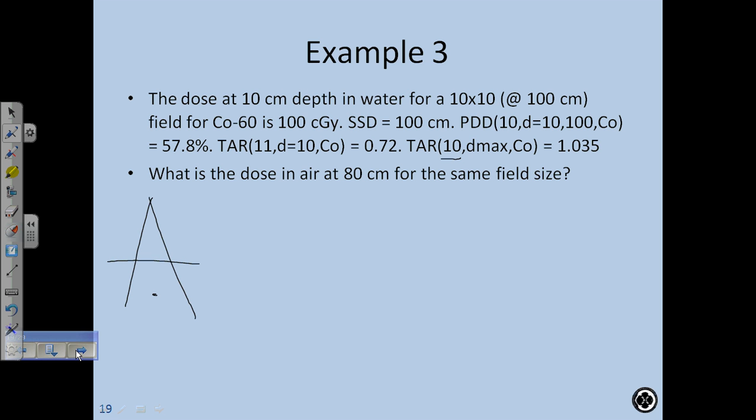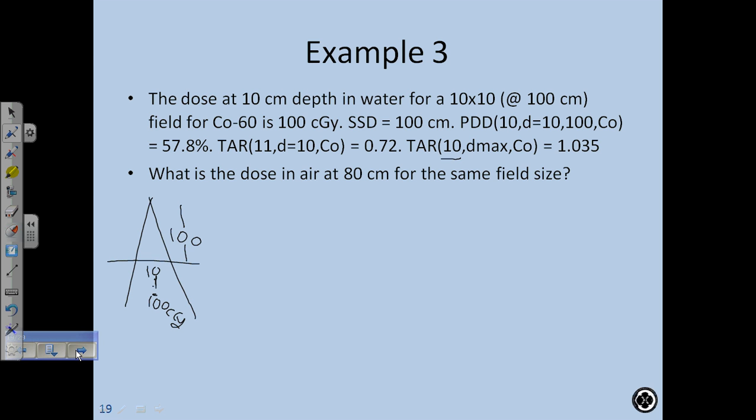SSD is 100, so this is 100, and this is 10 cm. And we know that this dose is 100. So how far is this point of interest from the source? 110, right? Okay, so we know we have that.